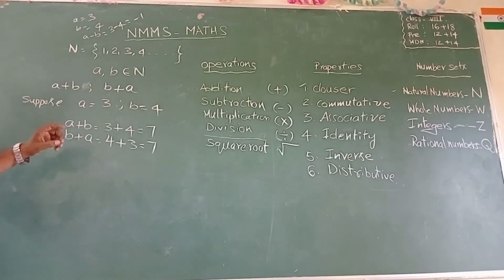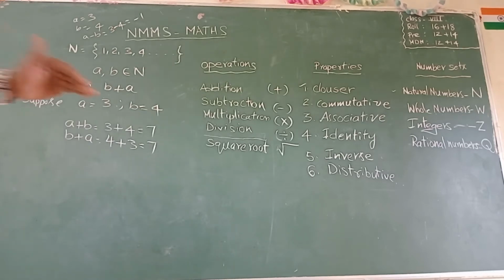If we add b to a, or if we add a to b, we are getting the same answer, 7. Then we say it is commutative under addition. So commutative is okay for natural numbers in addition. Understand? This is commutative. And how can we write the commutative?